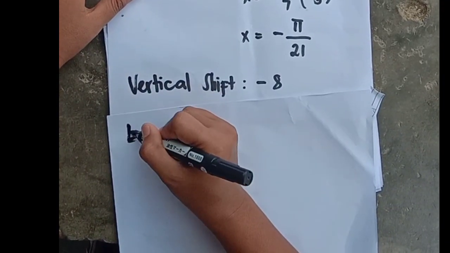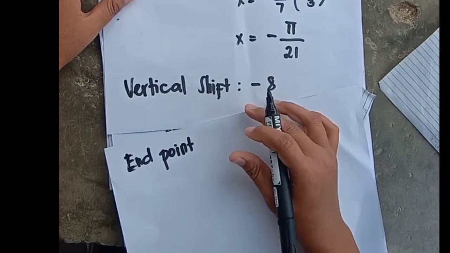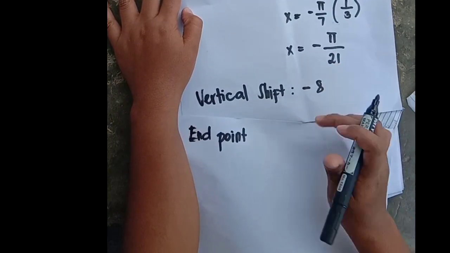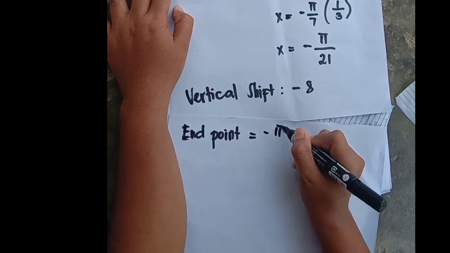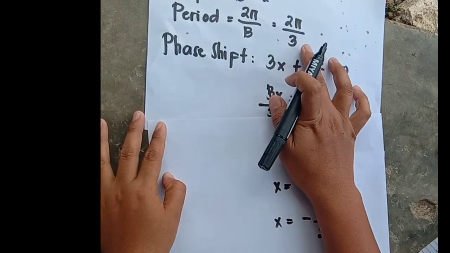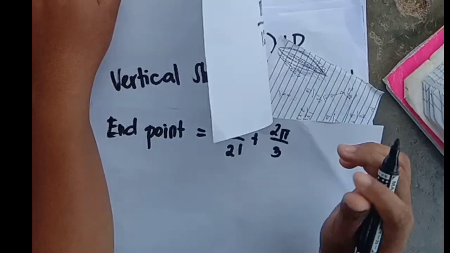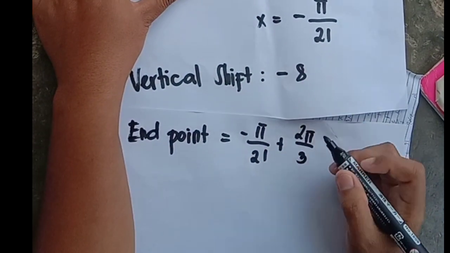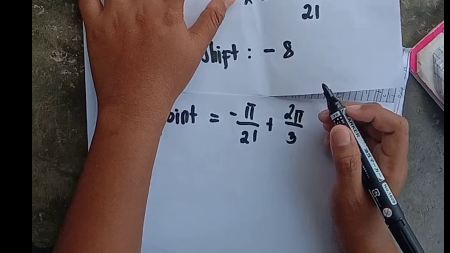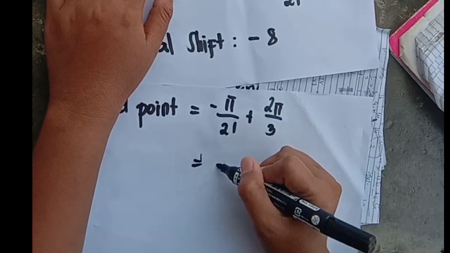To get the endpoint, we need to add the phase shift, which is negative pi over 21, plus the period, 2 pi over 3. As we can see, they have different denominators, so we get the LCD, which is 21.